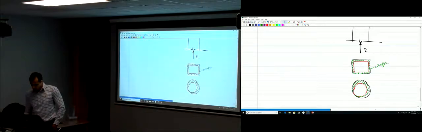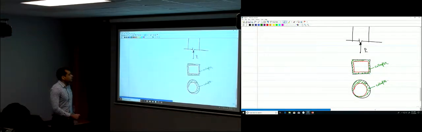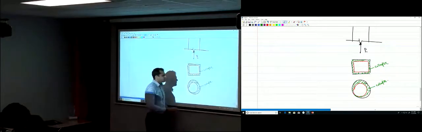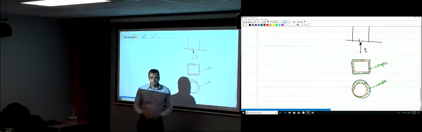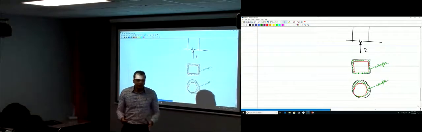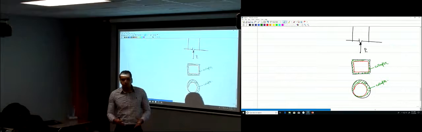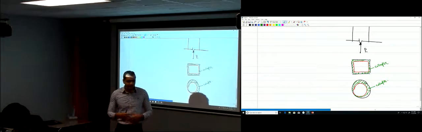Just the cover. For tied columns like this, once the cover collapses, the total area of the column becomes less, so the core of the concrete will not be able to resist that force, and then the column is going to collapse.